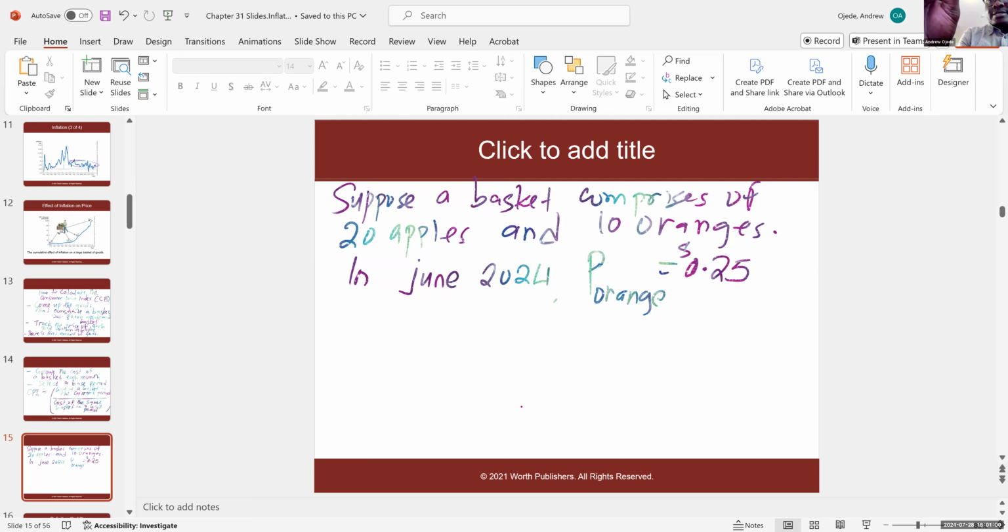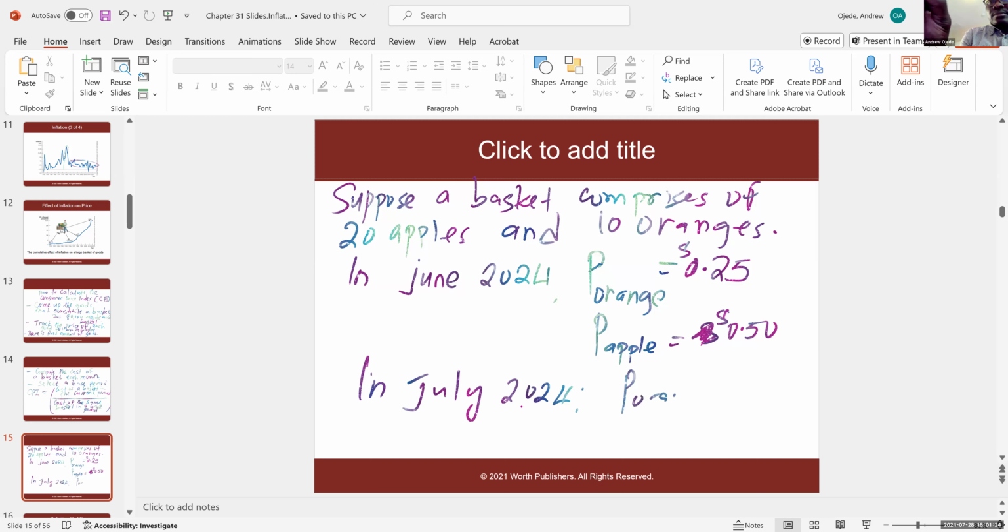And the price of an apple was 50 cents, 0.50 dollars. And then let's say in July 2024, the price of an orange jumped to 50 cents. And the price of an apple jumped to 75 cents.